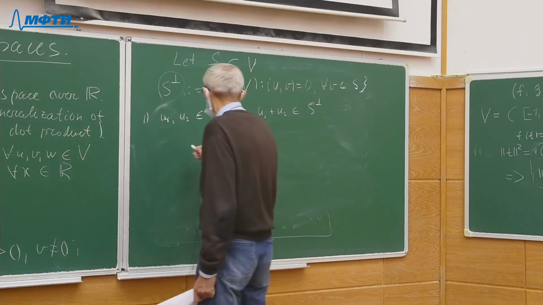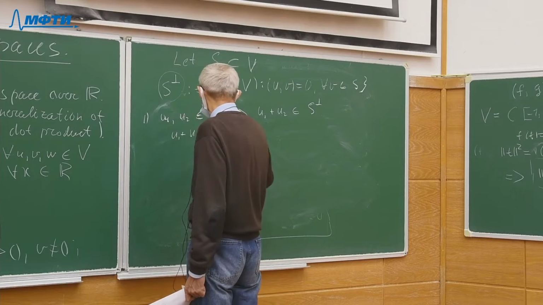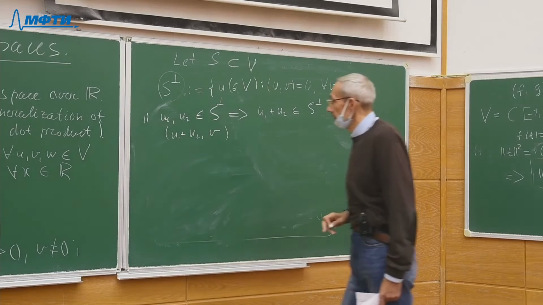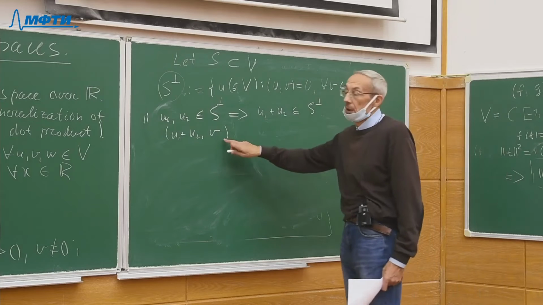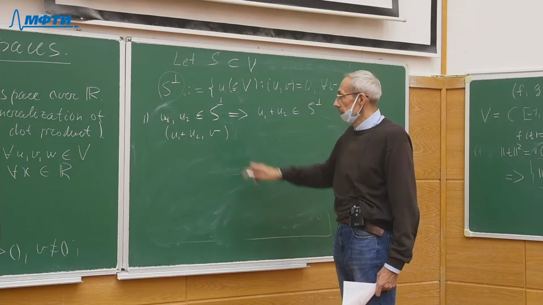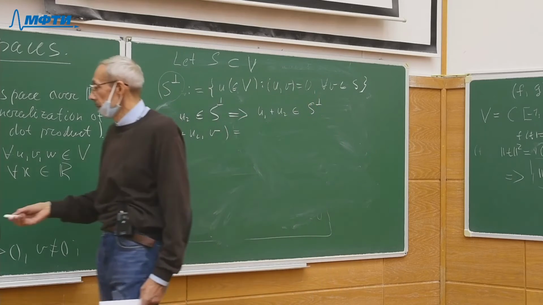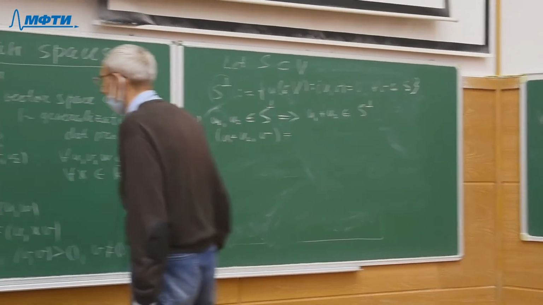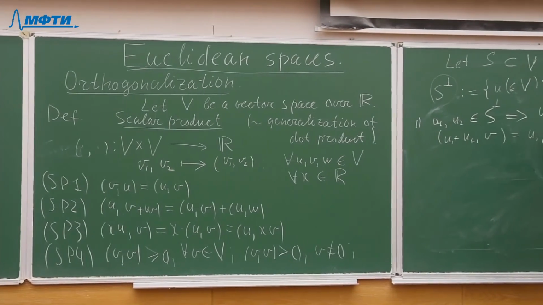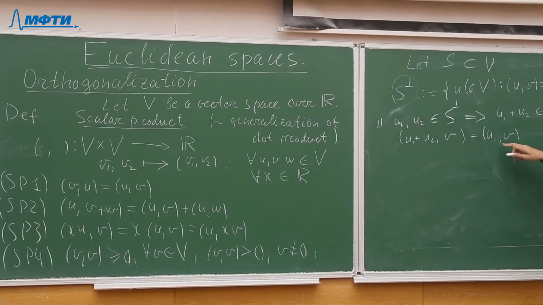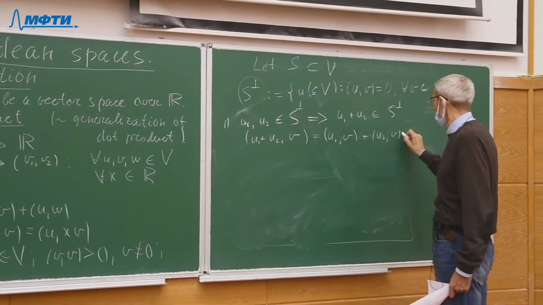Really, if you consider the scalar product of the sum u1 plus u2 and an arbitrary vector v from S, using property 2 of the scalar product, we obtain that it is equal to the sum of scalar products (u1, v) plus (u2, v).